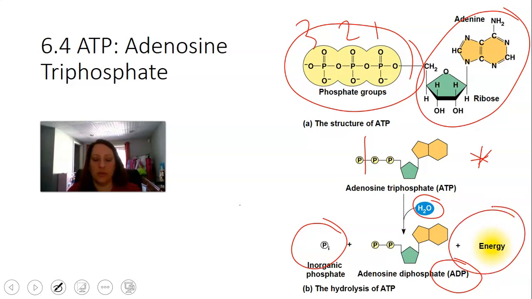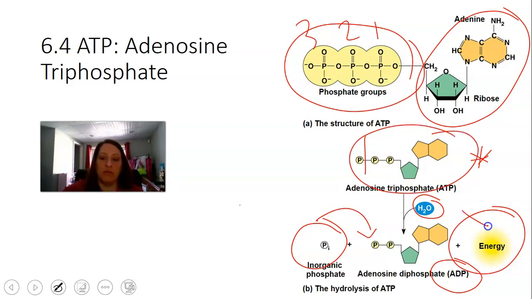So the breakdown or the splitting off of that terminal phosphate of ATP releases energy. If we were to do the reverse of this, so remove water and put this phosphate back on to get this molecule, that would require energy. That's actually what happens during cellular respiration. Glucose is broken down, and through a series of steps that we're going to learn all about, inorganic phosphate, Pi, gets added back to ADP.